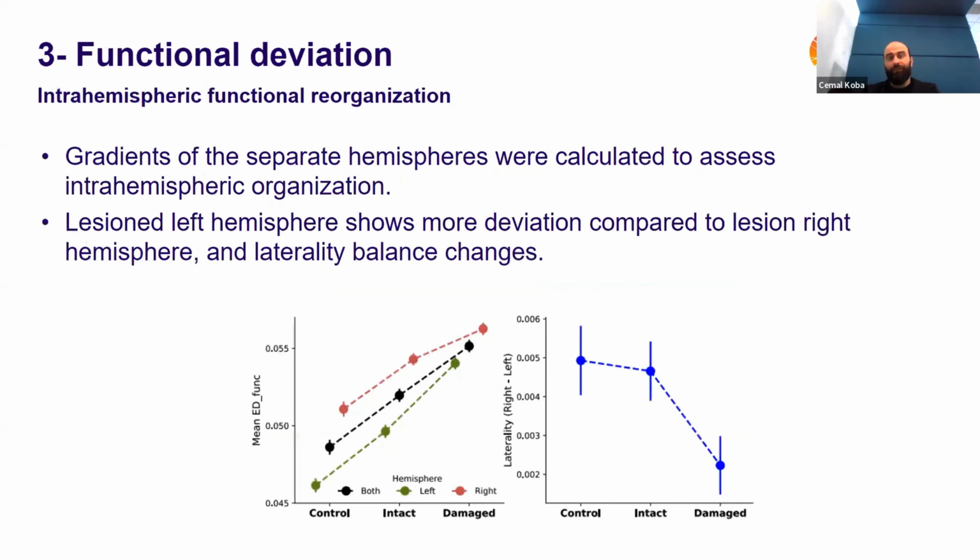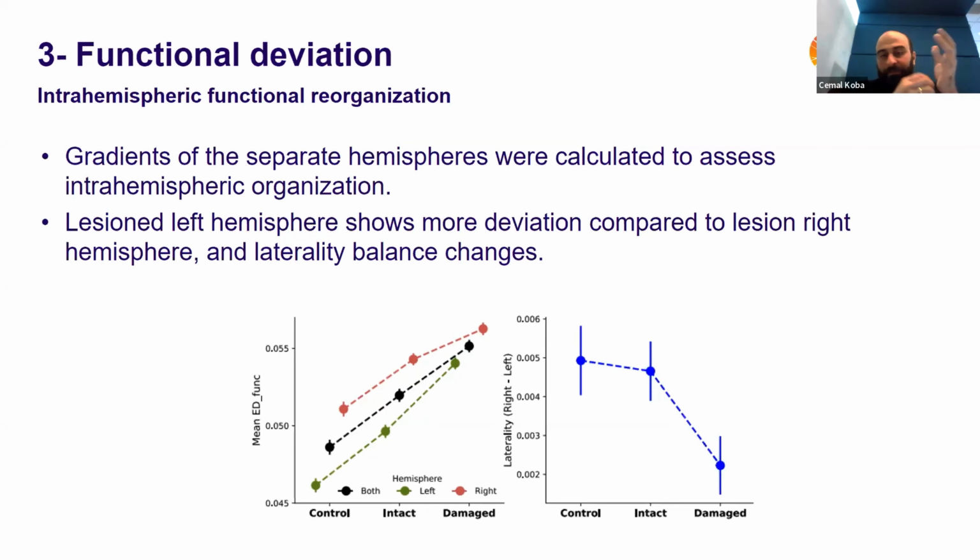We also wanted to check the intrahemispheric functional reorganization. To do this, we calculated the intrahemispheric connectivity matrices, leaving the interhemispheric connections behind, and just wanted to see the organization of one hemisphere separately.